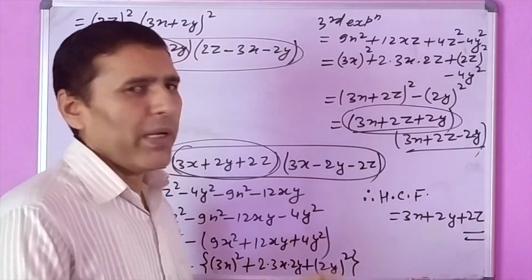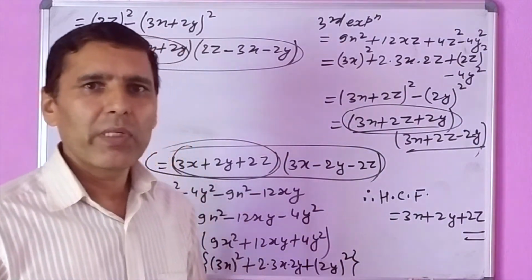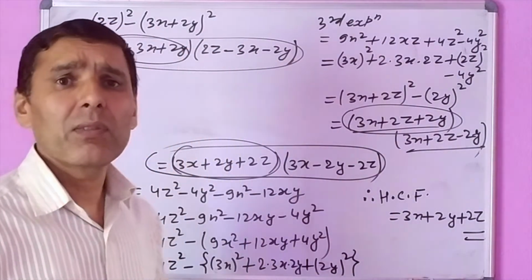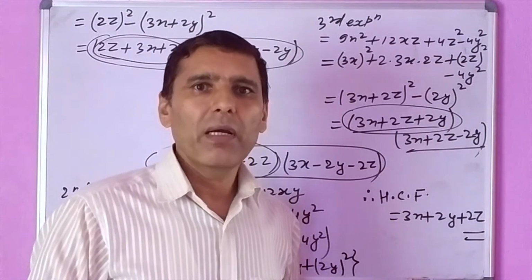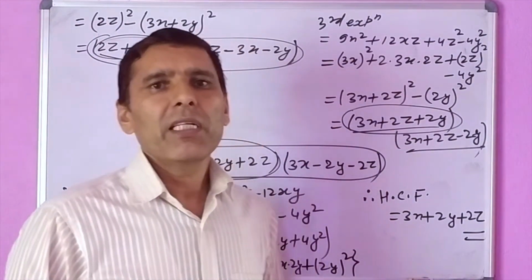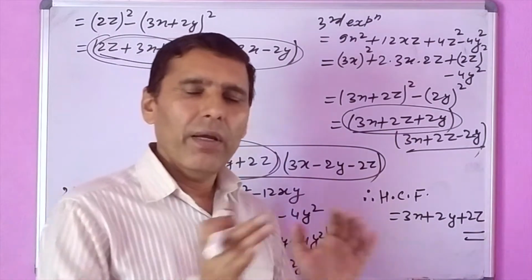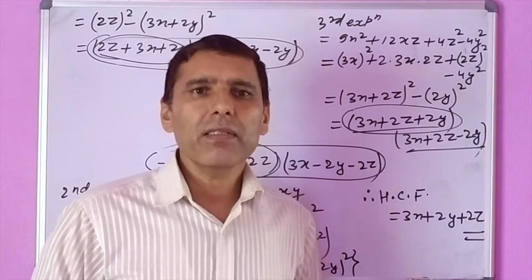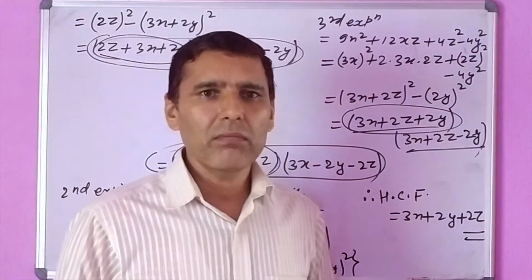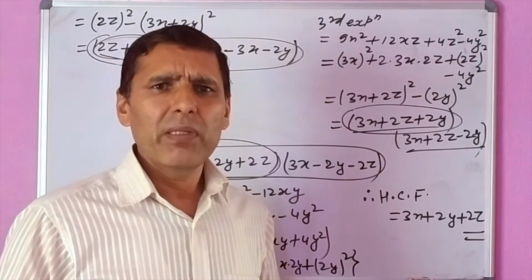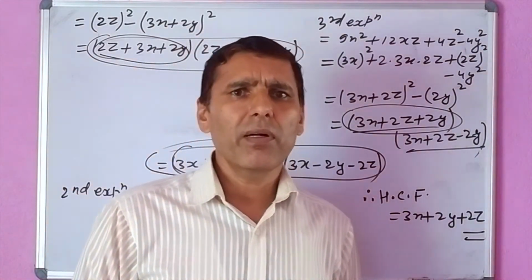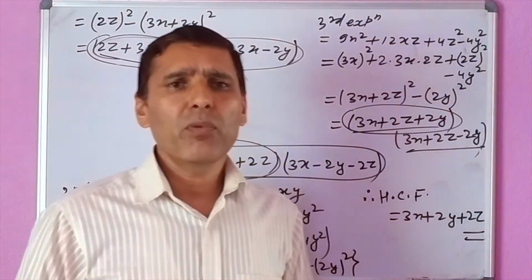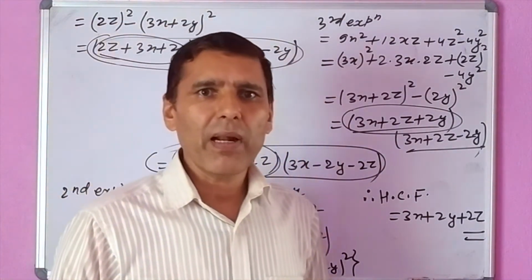So, arrangement of the terms: sometimes we have to take a common factor, or decide which term has to be made a square, or which is to be made b square. It all depends on the structure of the question, the terms and the signs of the terms. If we can play with all these things at the same time, and we know all the formulas as well, I think it will not be so difficult to factorize such expressions. Guys, it is up to your practice, how much you practice.